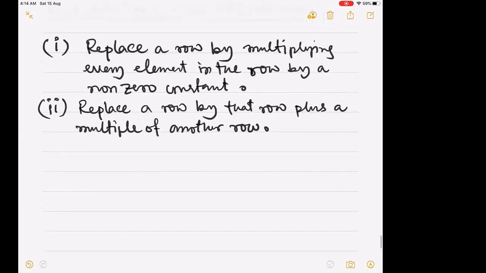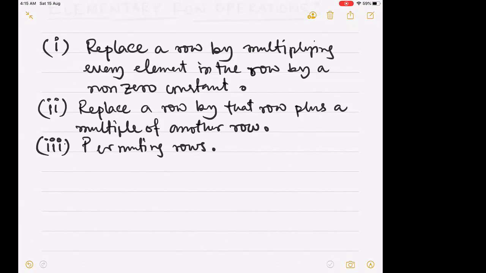And the third row operation is permuting rows. Each of these is like taking linear combinations, except the third one, which is just writing the equations in a different order. That's what permuting the rows really means.